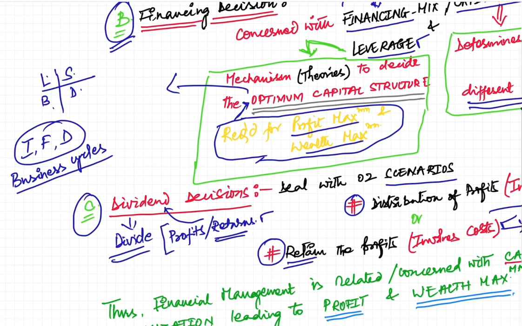Now, business cycles are again dependent on the economy of a given country, right? So that is the reason why we were studying the relationship between economy, finance, and accounting, right? That was the reason why we are talking about it.